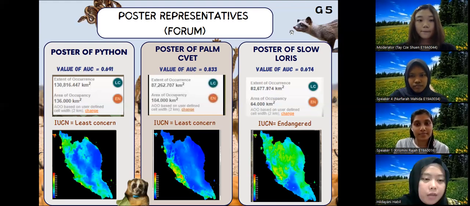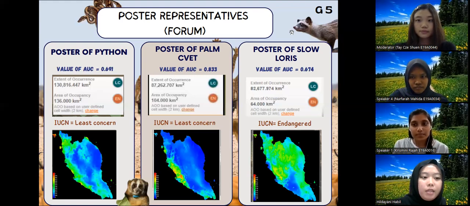AUC is the area under the curve and stands for area under the receiver operating characteristic, which is the ROC curve. That is, AUC measures the entire two-dimensional area underneath the entire ROC curve.